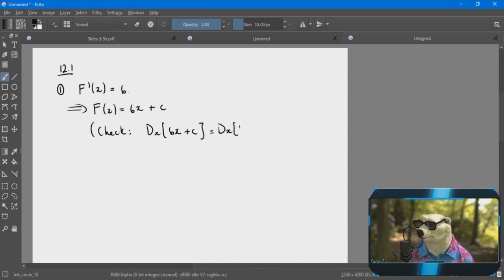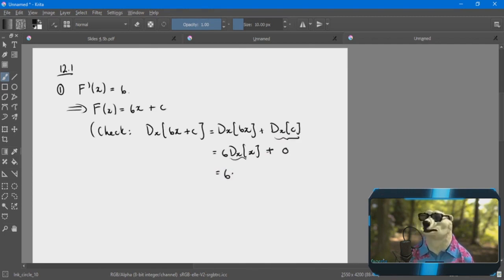I get the same properties as always. I have my sum property allowing me to separate the terms. I have my constant times a function property allowing me to put the 6 in front because it's a constant. For c, that second term is 0. I have my 6 times the derivative of x, which is a power rule. That's just a 1. So I get the 6, which I am supposed to get.